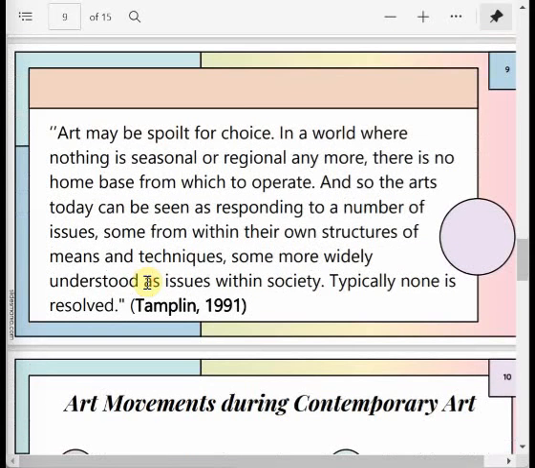There is a potent source of reference for his work. Sabi, art may be spoilt for choice. In a world where nothing is seasonal or original anymore, there is no home base from which to operate.